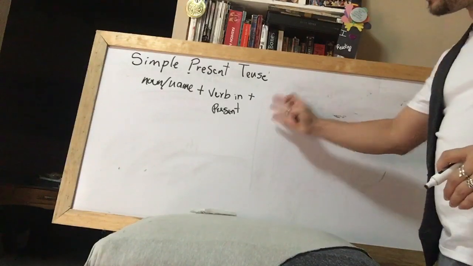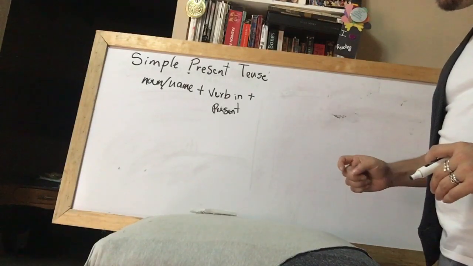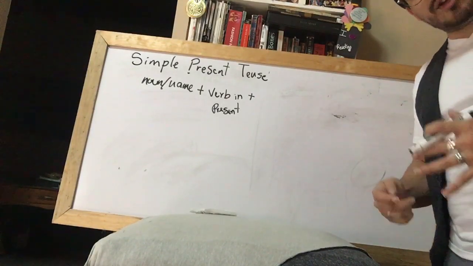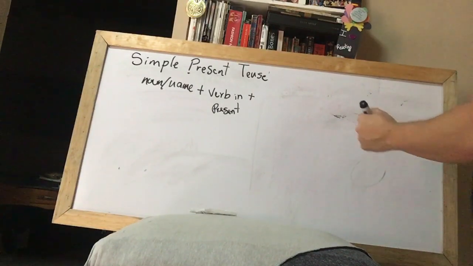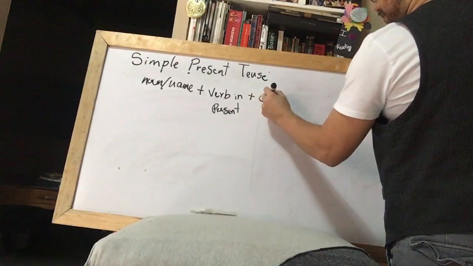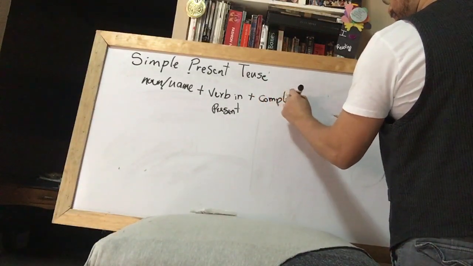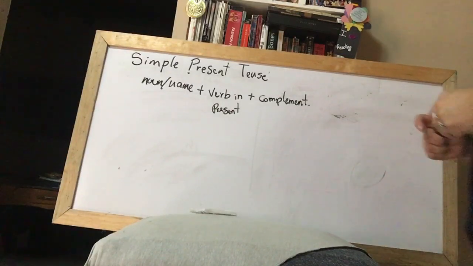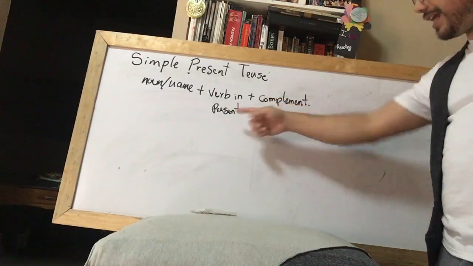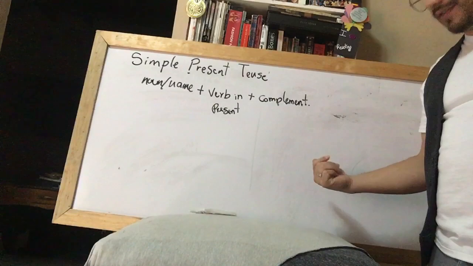So I'll give you specific formulas that are general. They're gonna help you through all the guide. So let's write in here complement. Complement, as it could be, an extra action that helps you understand your sentence in a better way.